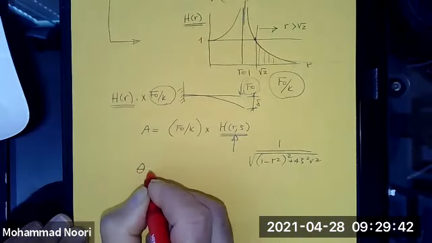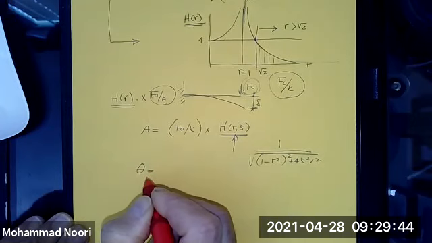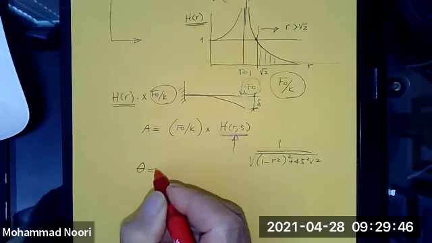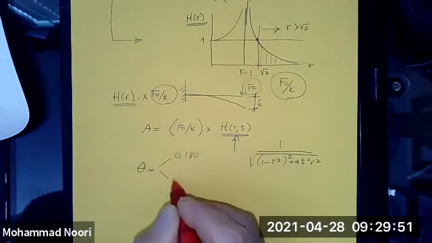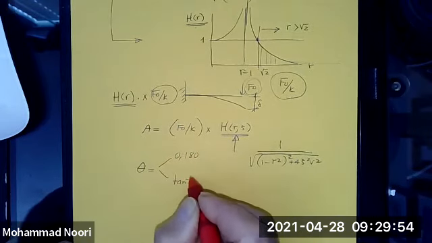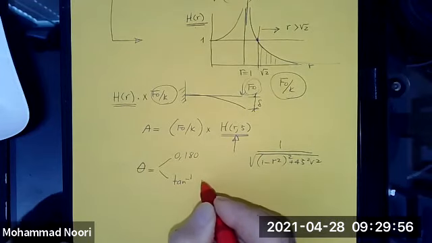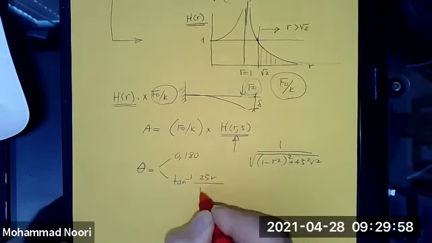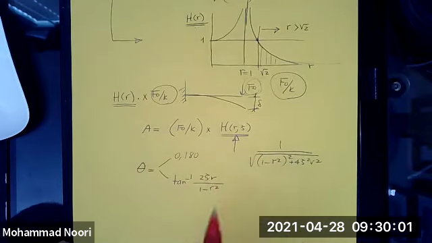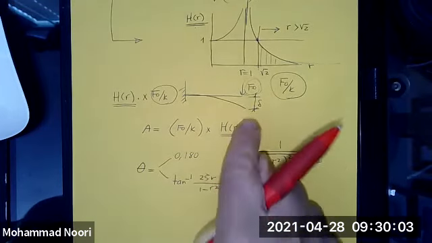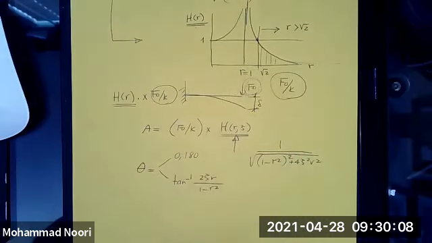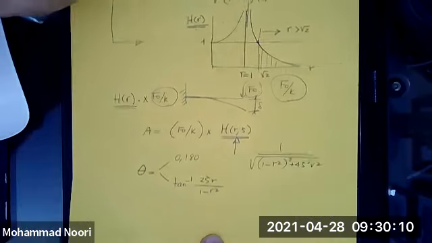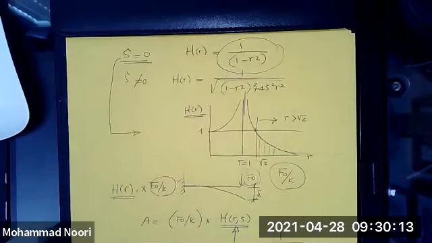And the phase value, which in the undamped case was only 0 or 180 degrees, is now determined from this equation, 2 zeta r over 1 minus r squared. So we're going to spend some time and focus on this curve and understand the significance of this frequency response function in the case of damped systems, okay?